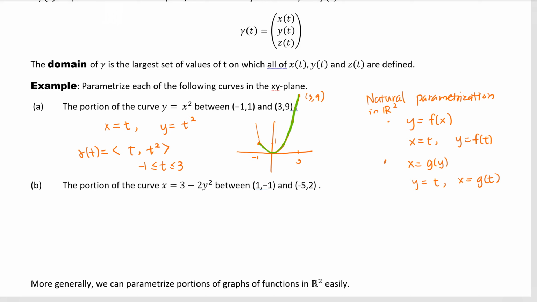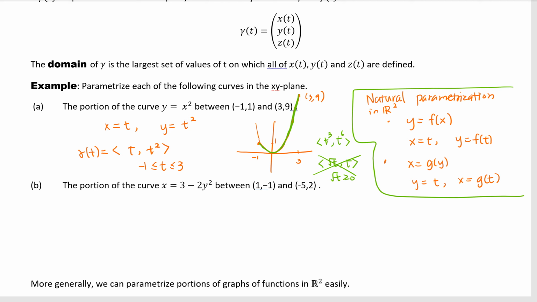You can also use other parametrizations. For example, you can use t cubed, then t cubed squared will be t to the 6. So this is also another parametrization. However, if you use square root of t and then t, this is not good, because the square root of t is only greater than or equal to 0.